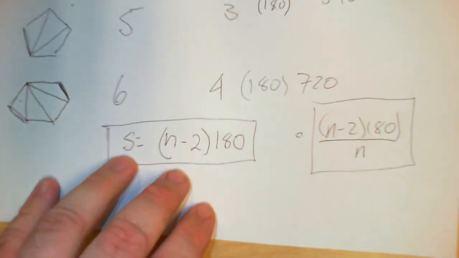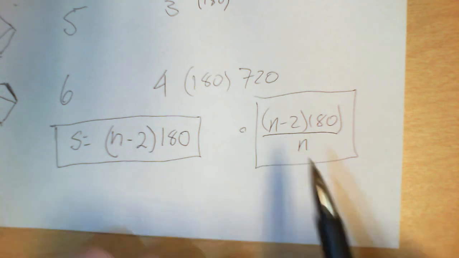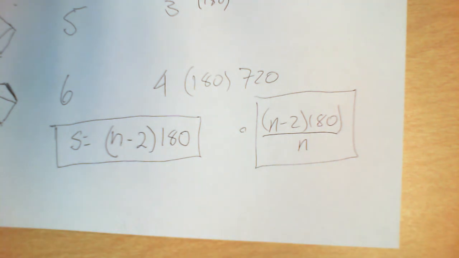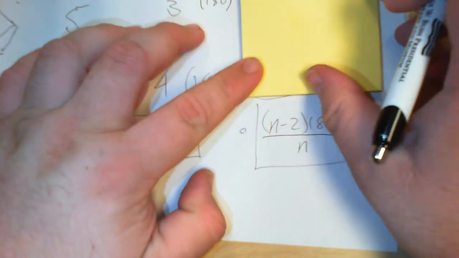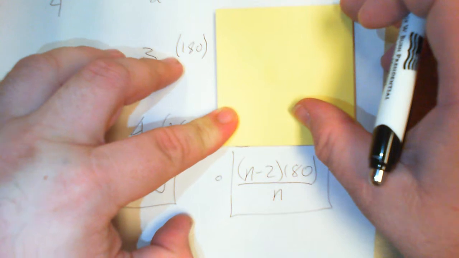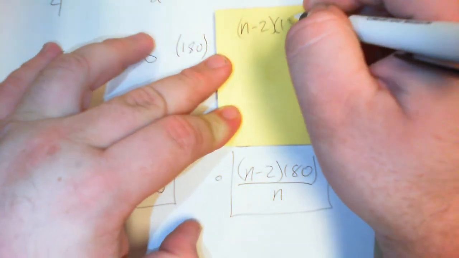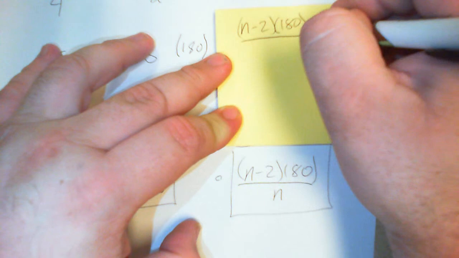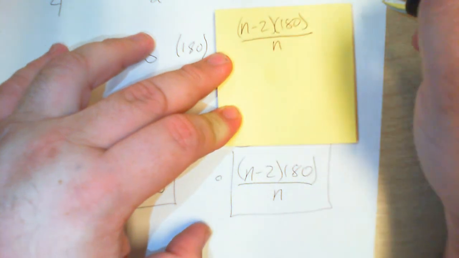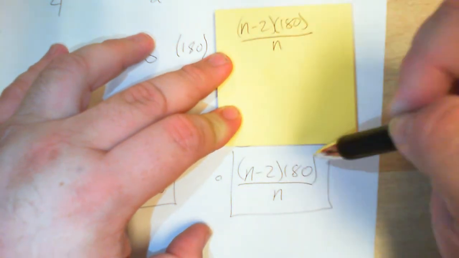That is to get the degrees. So let's say I take this equation, and I want to find each individual angle on a square.